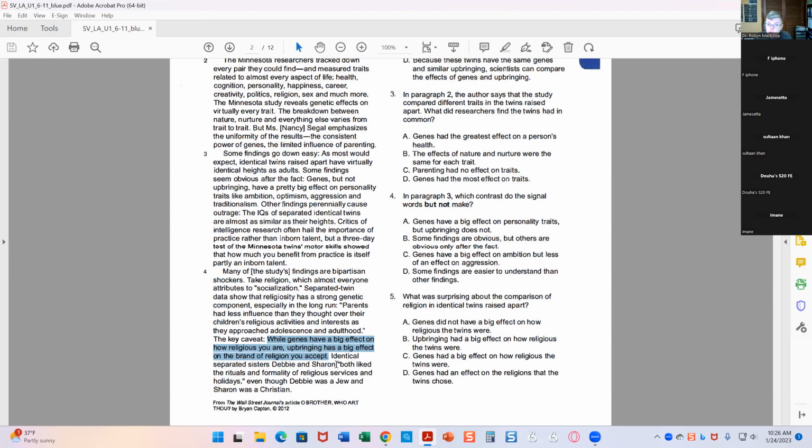And it's frustrating. It would be much easier if they just said, so in comparing genes versus upbringing and how people wanted to practice religion, you know, they could ask a much clearer question, and they could give answers that were a little more delineated, because these are all the same words.